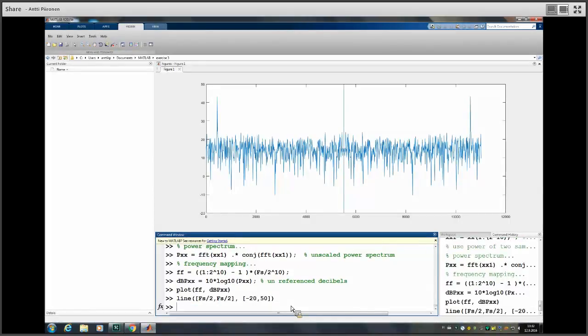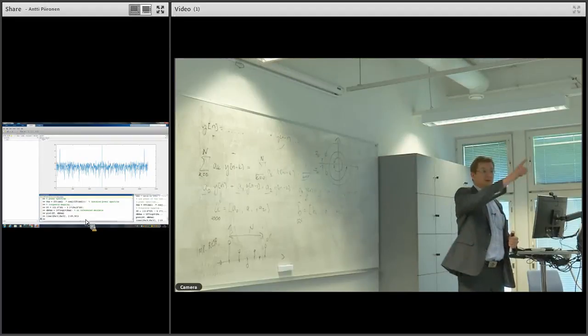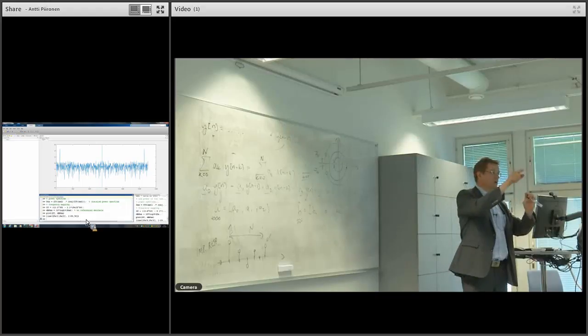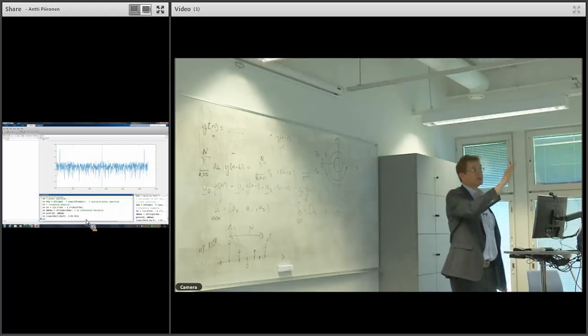There is the Nyquist frequency, that blue line. We don't need to show more than to the Nyquist frequency. Same way as for the systems, the frequency response is shown only from 0 to Nyquist frequency. Here we don't need to worry about that right hand side part at all, since it's just mirror symmetry.